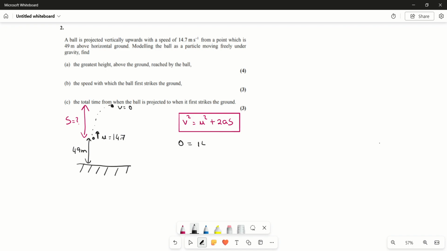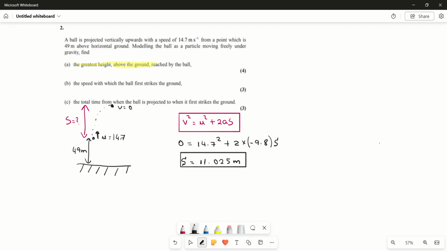Initial velocity is 14.7 squared plus 2 times acceleration, which is moving against gravity, so minus 9.8, multiplied by the distance. So the distance must be 11.025 meters. But the question itself is asking you to find the greatest height above the ground.